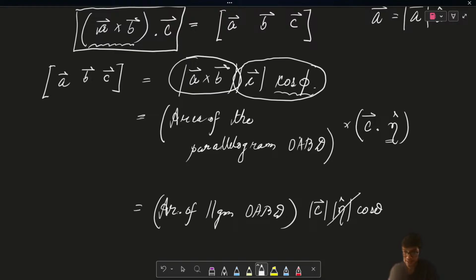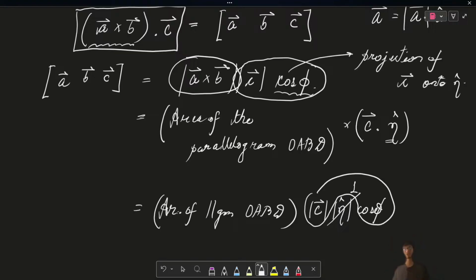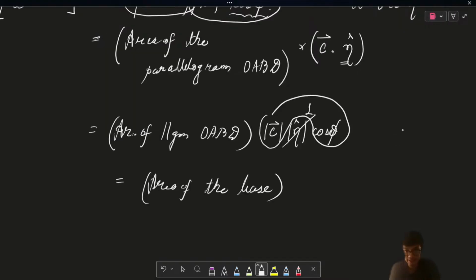Now mod of n cap is basically 1, and mod of vector C into cosine of phi, the projection of C vector on n cap, denotes the height. Now you have learned in your junior classes, in surface area and volume, that if I multiply the area with the height of that object, I get the volume.